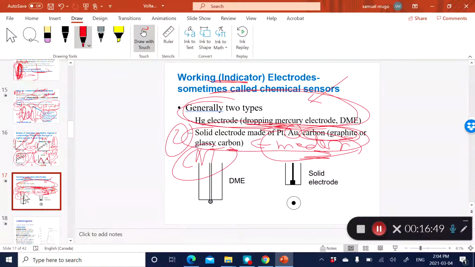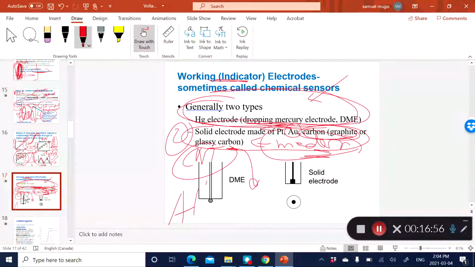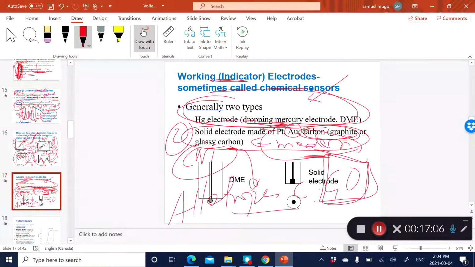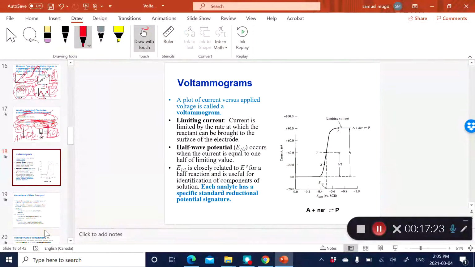You can also use glassy carbon electrode, which is very common in the lab. And you can also use other forms of carbon, things like graphene oxide, which is becoming another very common material that has very superior conductive properties. So you can see carbon is dominating the field of electrochemistry as far as the type of solid state electrode that can be used.